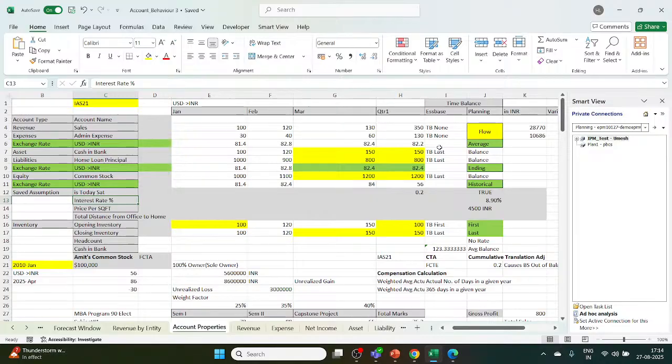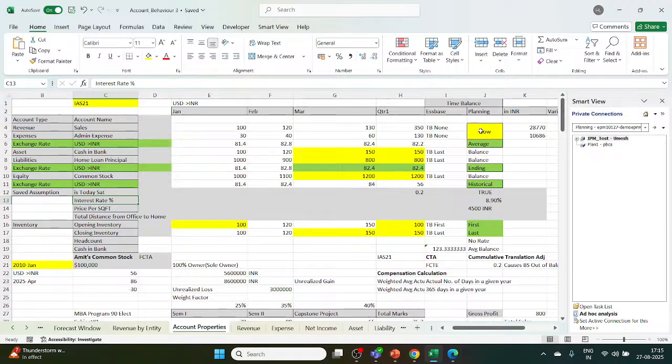Flow is generally used for adding up the values. Like here you can see the January month, Feb month and March month of sale. Here you can see 100 rupees of sale, 120 and 130. So all the values will be added, and it becomes 350.